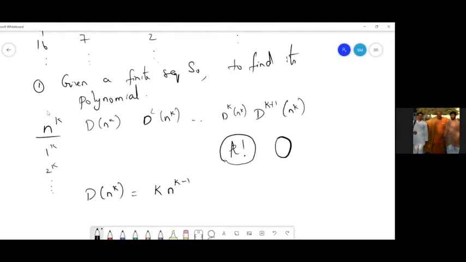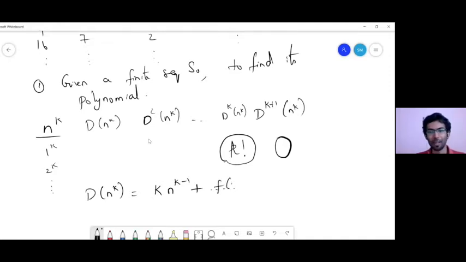Other terms will be there, but this will be the highest order. Right, other terms are there, but we are not bothering about them. So this is d of n power k plus some polynomial in n.